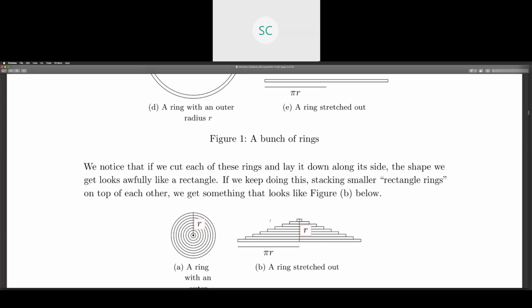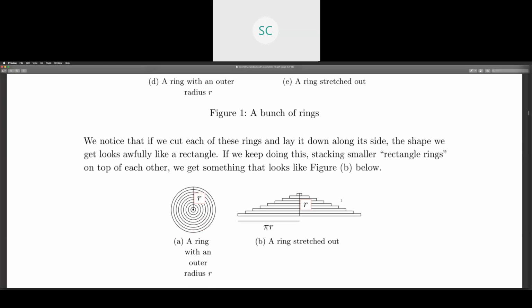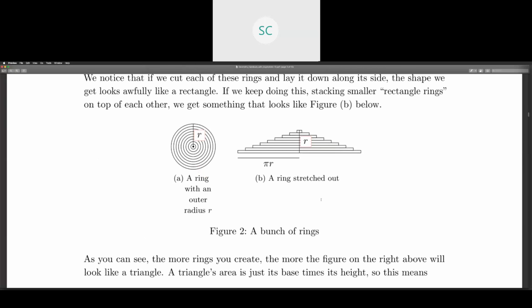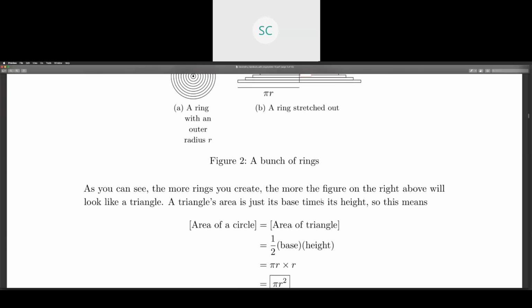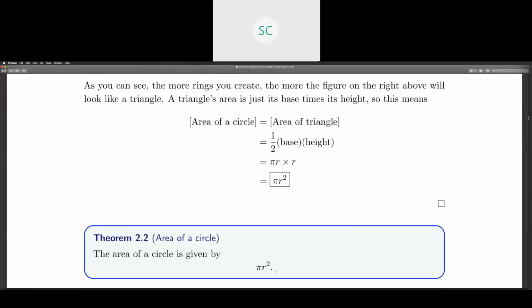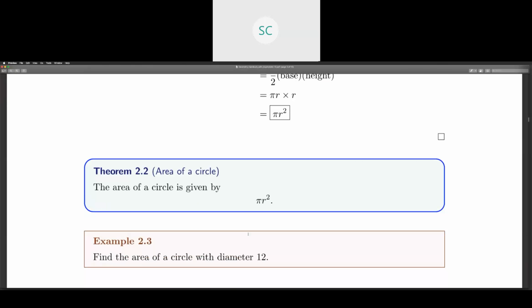But Archimedes actually did something that was close to calculus, but he didn't actually use any calculus, and his proof is more rigorous than this. So if you are interested in a proof that you can still understand but is more rigorous than this, look up Archimedes' proof of circle's area. So here you can just see we arrive at the same answer, and this is perhaps the most important theorem of circles, that the area is given by pi r squared.